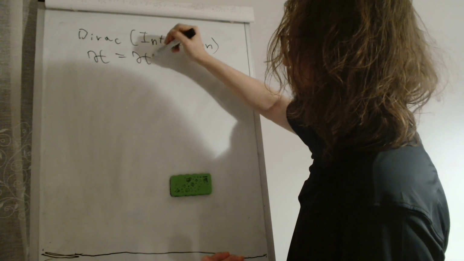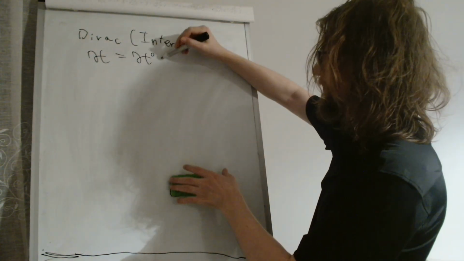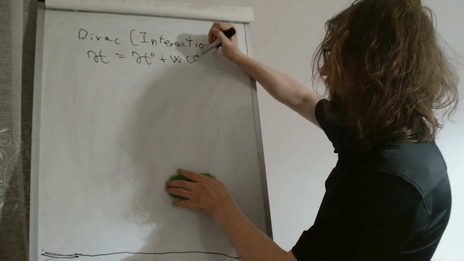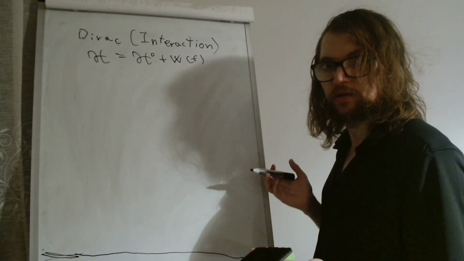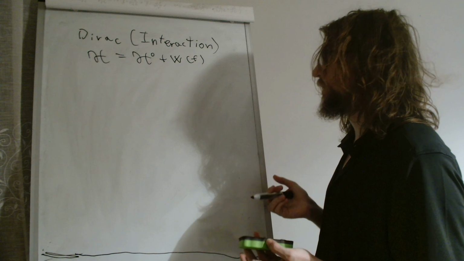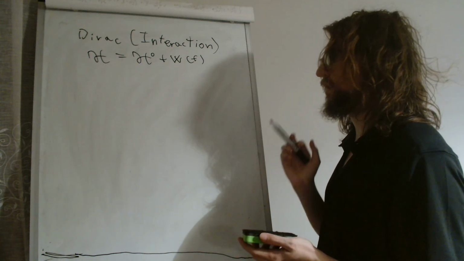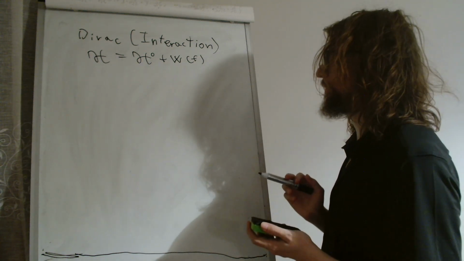It is useful to apply this picture when we have a Hamiltonian of this form, H0 independent of time plus a potential W dependent on time, so it is useful to solve our time-dependent perturbation problem.